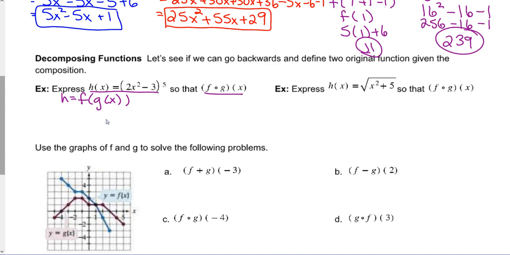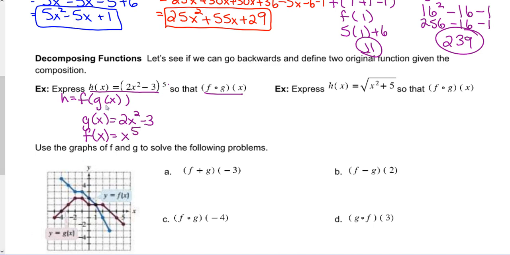So if I let g of x equal the expression, so the inside function has to be equal to the expression, and then my outside function, if I take that expression out and put an x back in, the overall operation on the outside piece is that fifth. So I have x to the fifth.